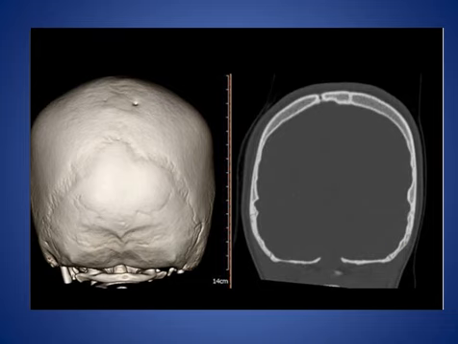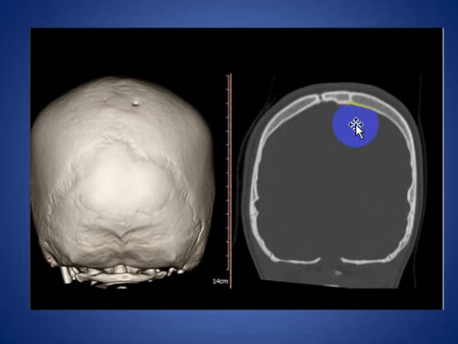The first case, as we see here, is a 3D image of the skull, and you see here there is a hole in the parietal region and another hole in the right parietal region.